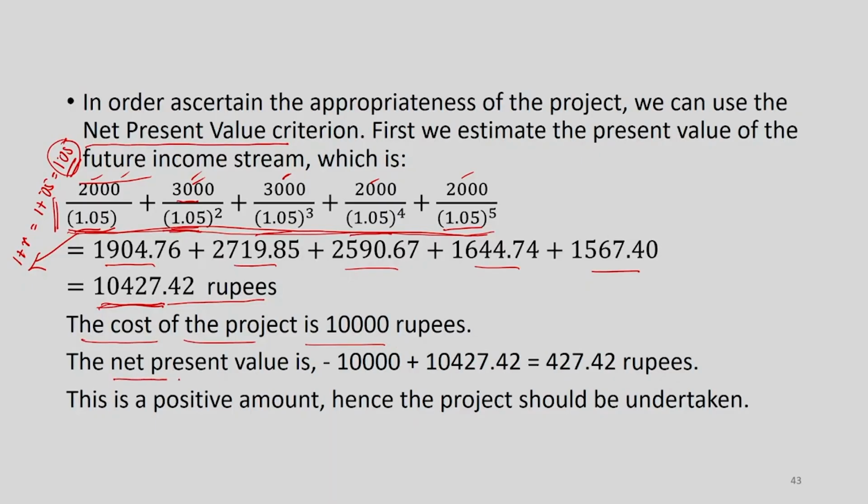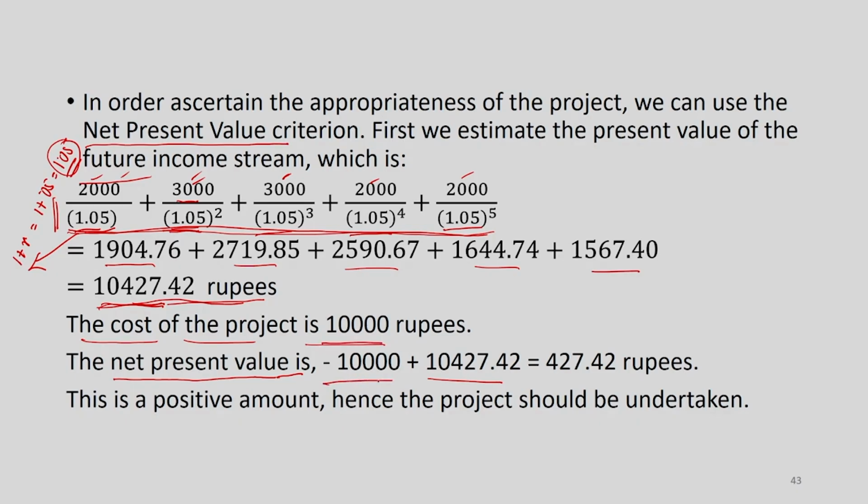So what is this net present value criterion going to say? It is going to tell us that the net present value is the present value of the profit, which is this, right? And from that you deduct the present value of the cost.